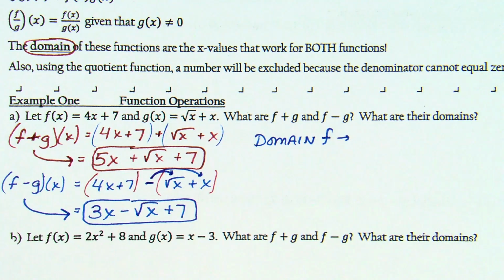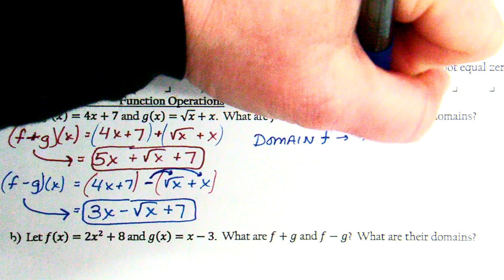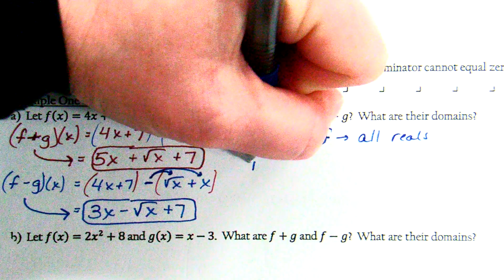Yeah. Are there any numbers I can't put in? Could I put in a decimal, a fraction? Okay. But we're only talking about real numbers. So your domain of f is all reals. In other words, there is nothing holding me back on f. There's no type of number that I can't put in.